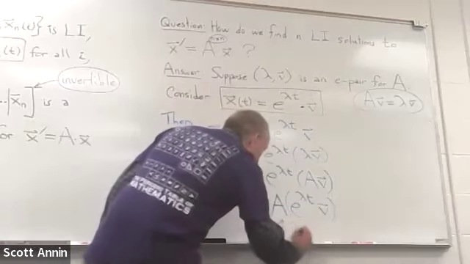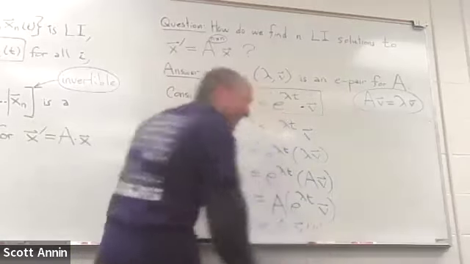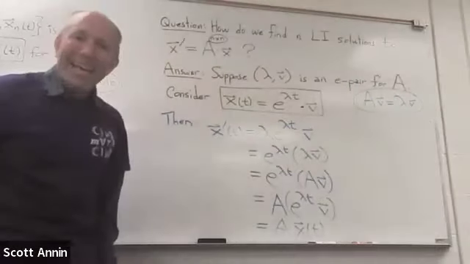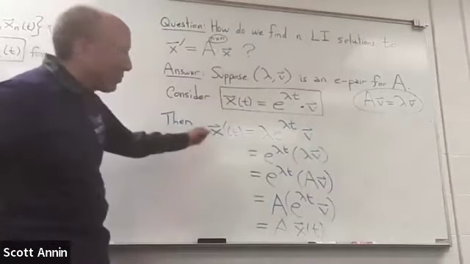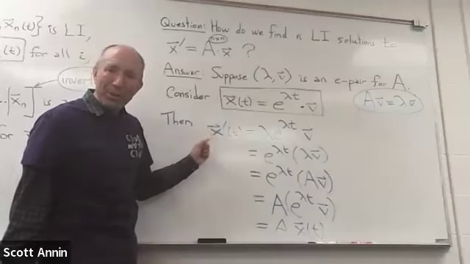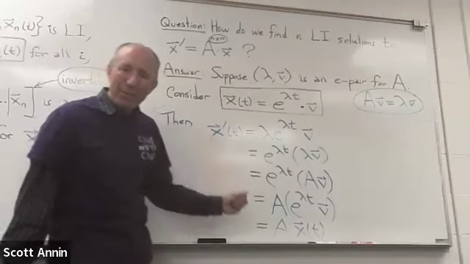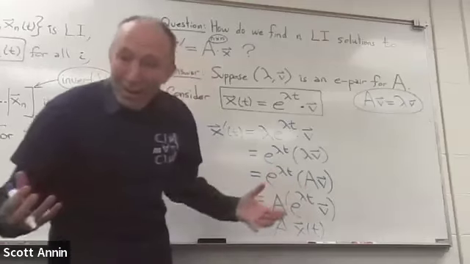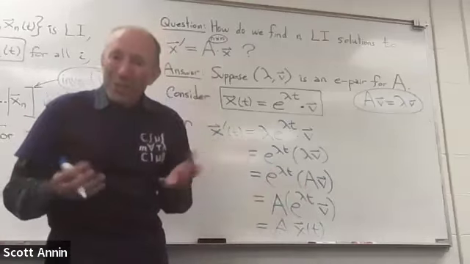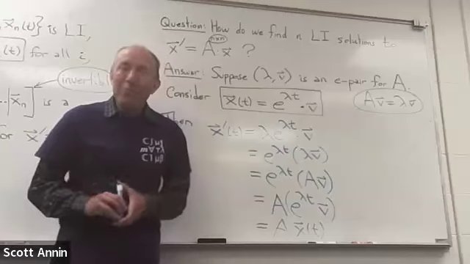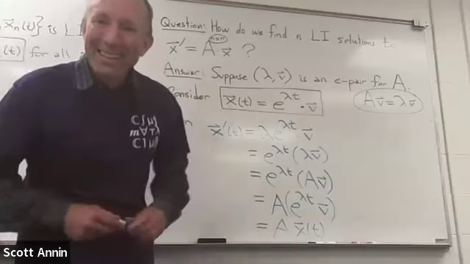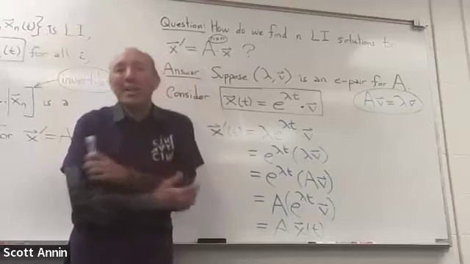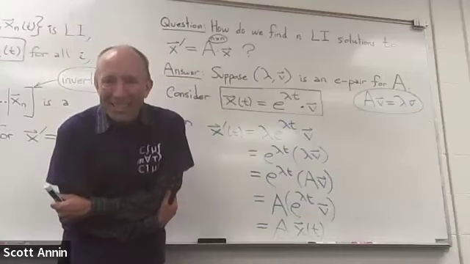That's just A times x of t. In other words, what have I just shown here in blue? X prime equals Ax. Isn't that our homogeneous linear system of differential equations? We've found a solution to it by using the eigenvalues and eigenvectors of all things.